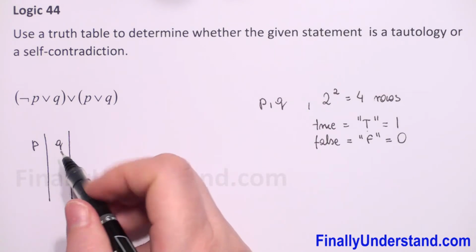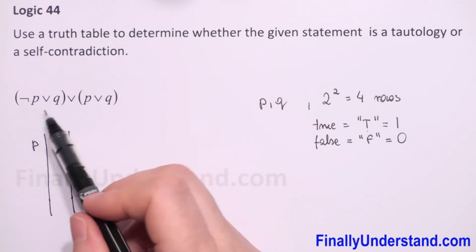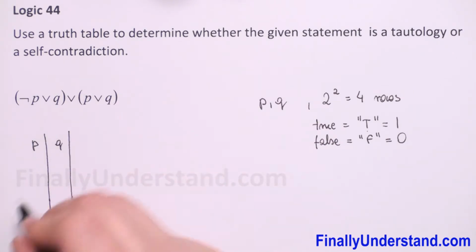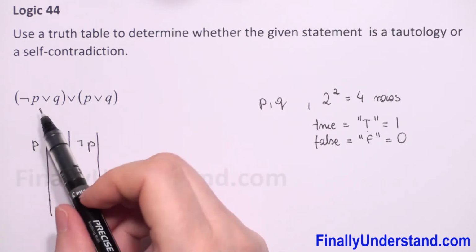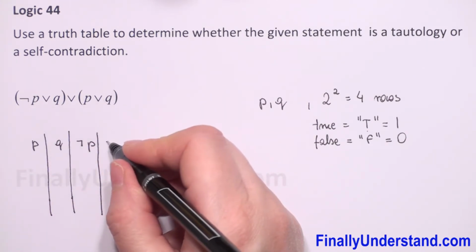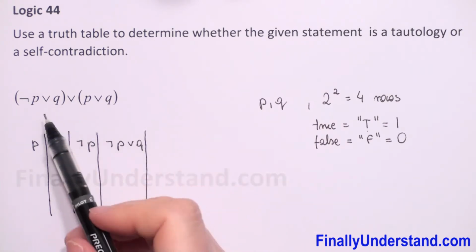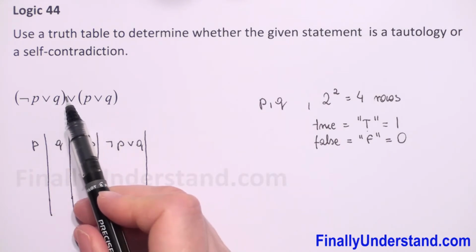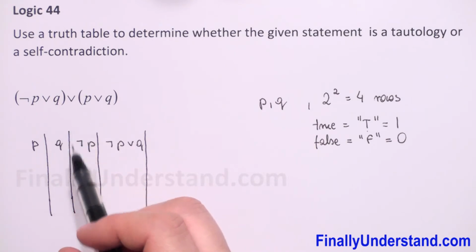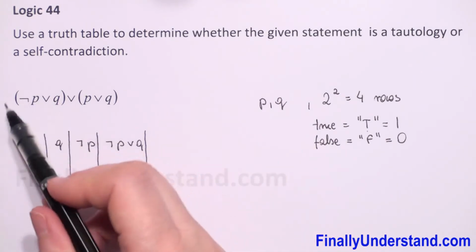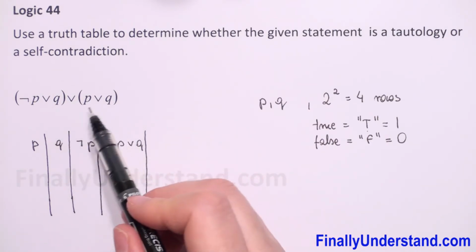So we have P and Q. Next, we have to check if we have a negation of a simple statement. We have the negation of P, so we will put not P. Next, we will put the first parenthesis, so we have not P or Q. Because between these two parentheses we have or, it will be easier if I put this whole component between the parentheses.